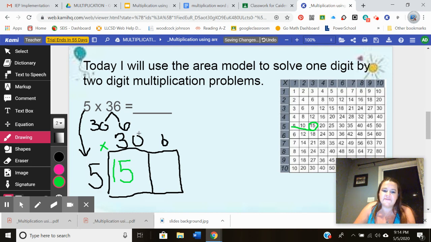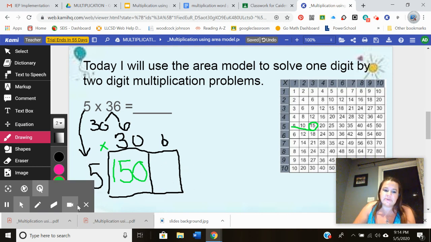Now I would go 5 times 0. What's 5 times 0? Again, that's our rule. Anything times 0 is 0. I'm going to write a 0 right there. So that means that my product of 5 times 30 is 150.